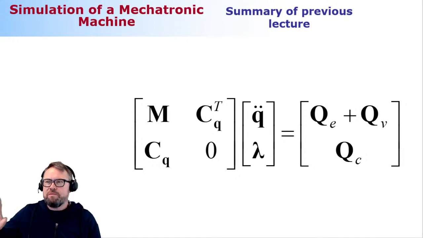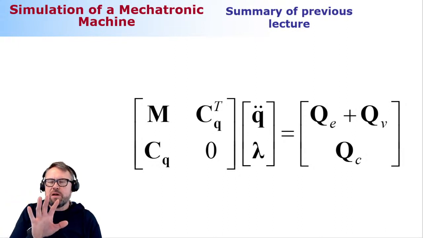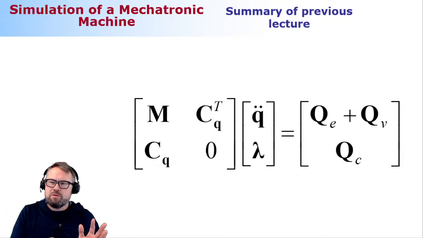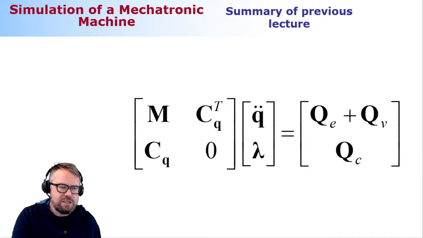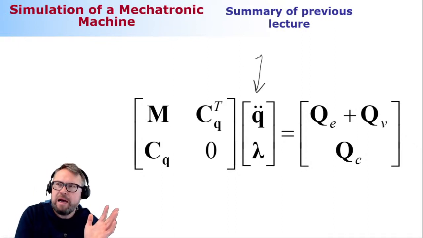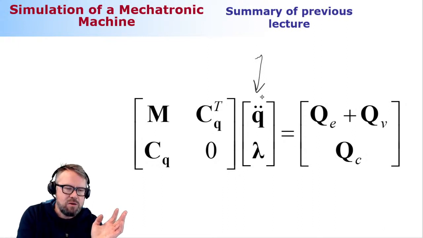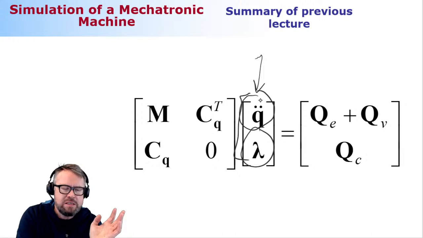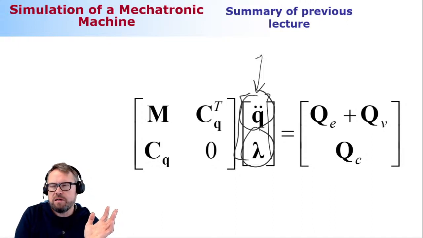So here's our final equation of motion. And listen to what I'm saying here. In this final form of the equation of motion, the unknowns are in this vector here. The unknowns are the acceleration of generalized coordinates and the Lagrange multipliers. So both sets, not two scalars, but both sets are our unknowns.